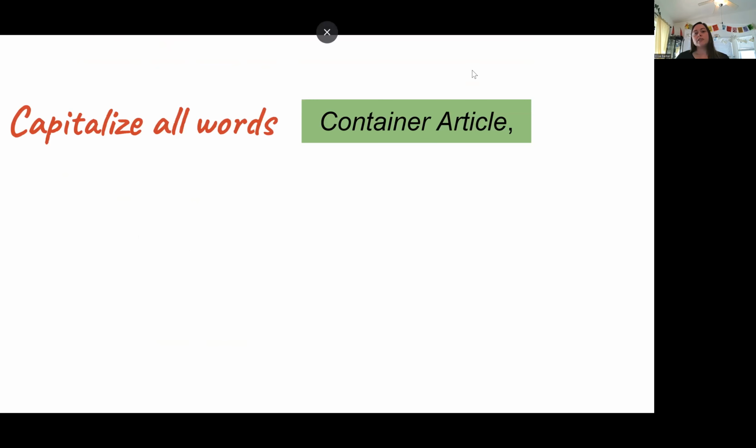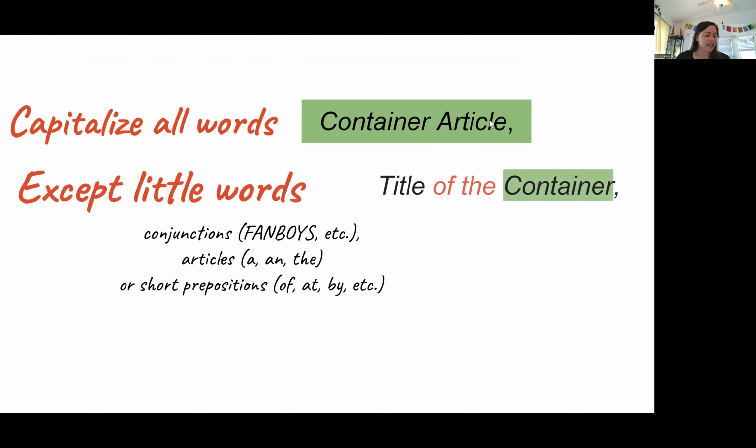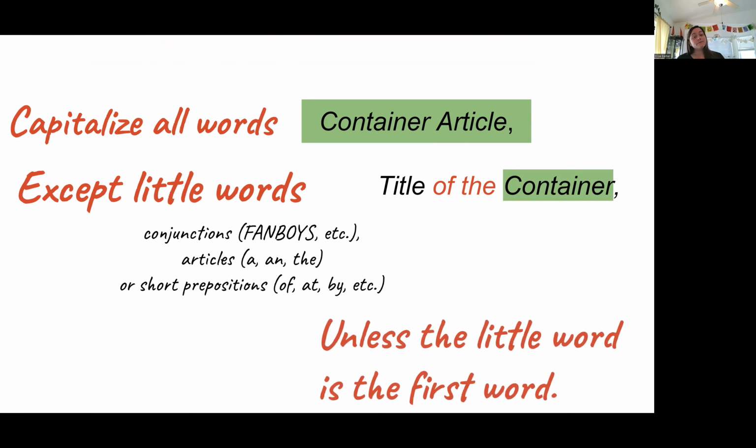The way that this works is that you go ahead and capitalize all the words, just like you do with the article title. Just like an article title, there's an exception for the little words, unless the little word is the first word. Same rules as with article titles.